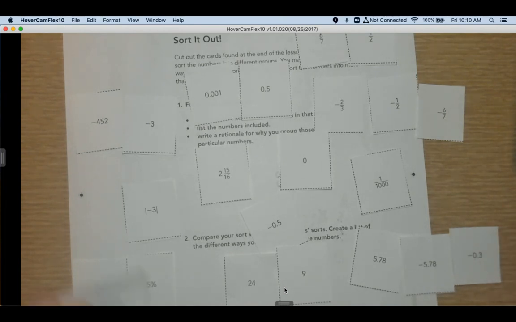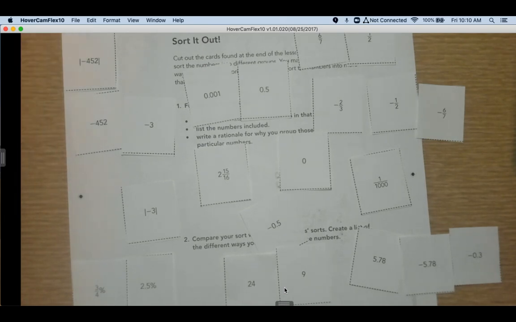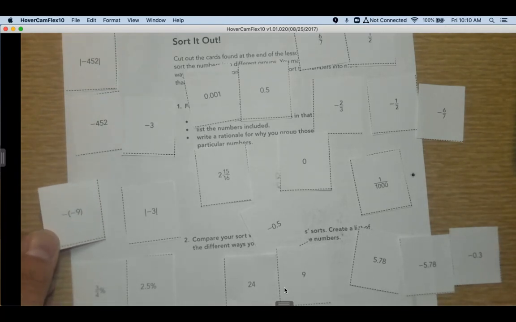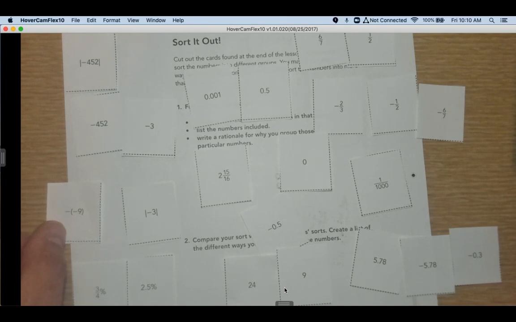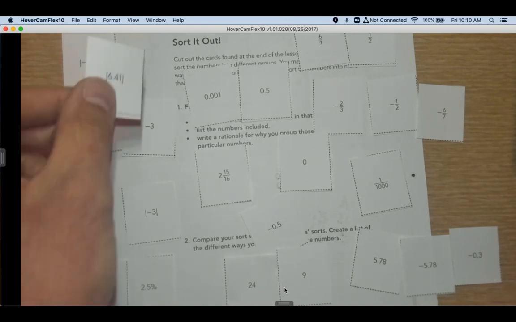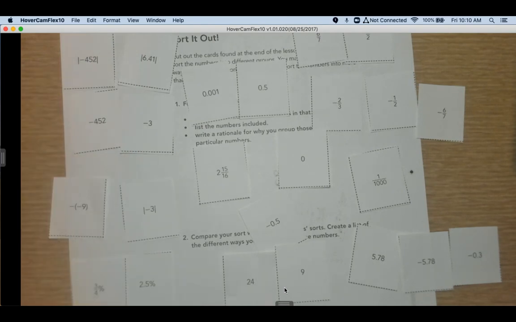We have an absolute value. We have the opposite of -9, which will be a positive number, with the absolute value of 6 and 41 hundredths, which is 6 and 41 hundredths away. We have negative 6 and 41 hundredths.